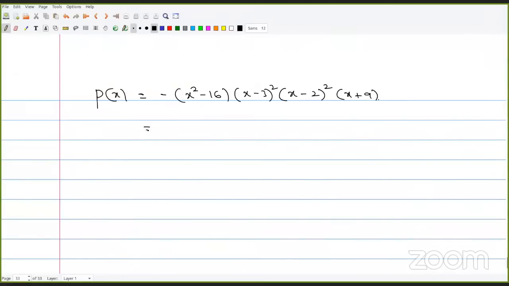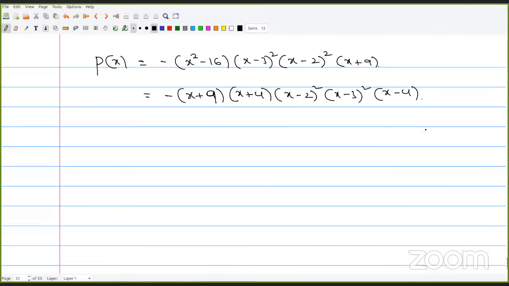I can simplify this further into factors like this: (x plus 9) into (x plus 4) into (x minus 2) whole square into (x minus 3) whole square into (x minus 4). This is the polynomial, right?